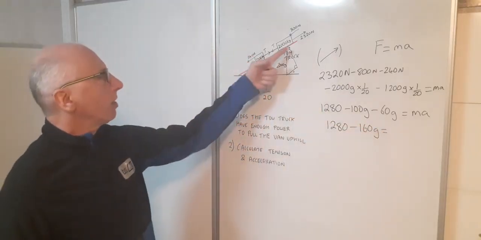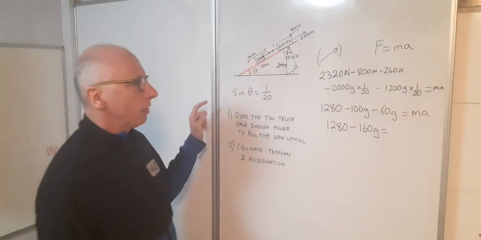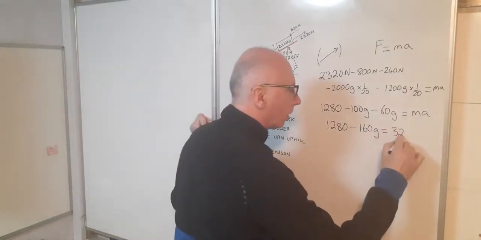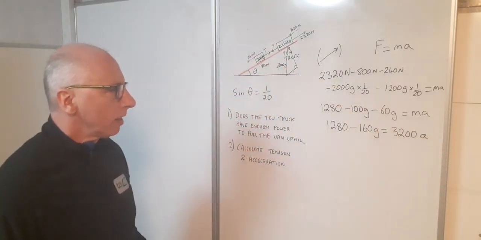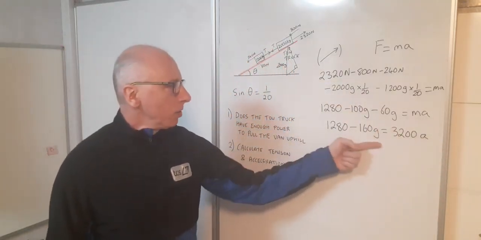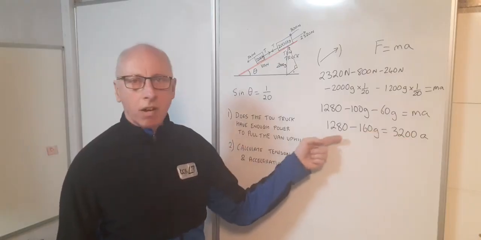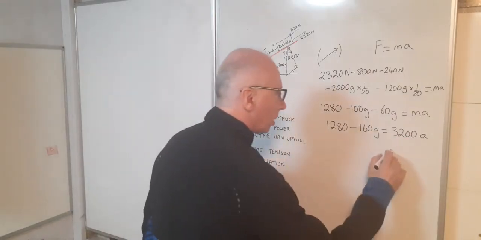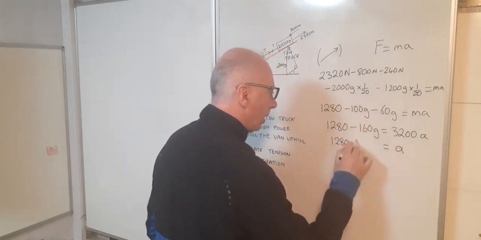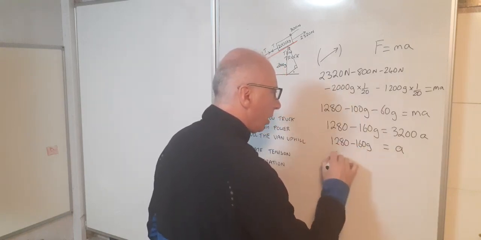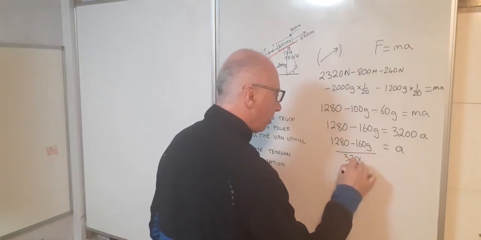The total mass is 3,200, that's the mass of the two vehicles, and acceleration is what we need to find. If we divide both sides by 3,200, we get acceleration equals 1280 minus 160 g over 3,200.